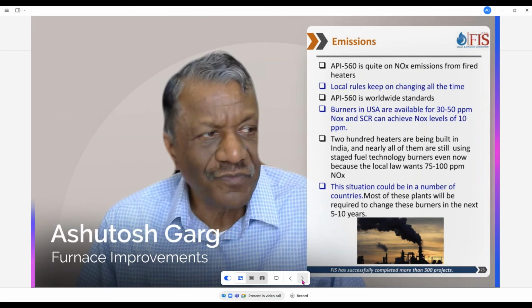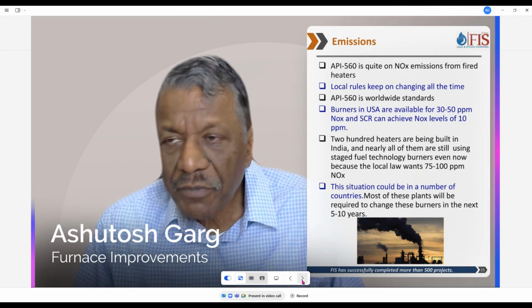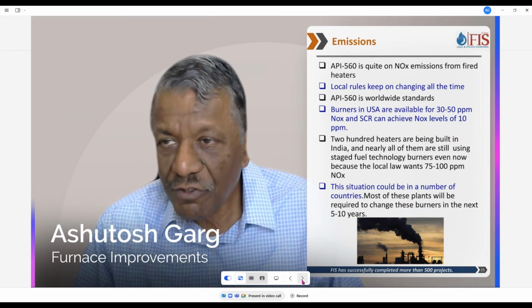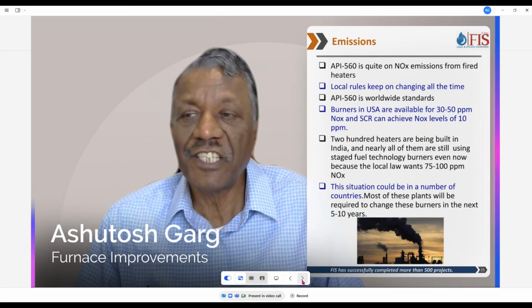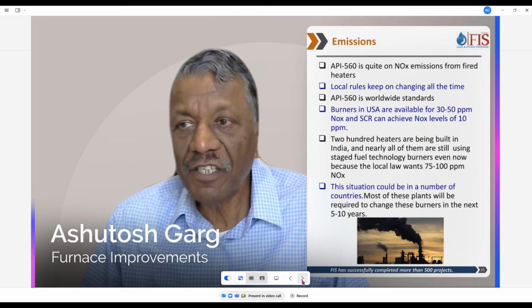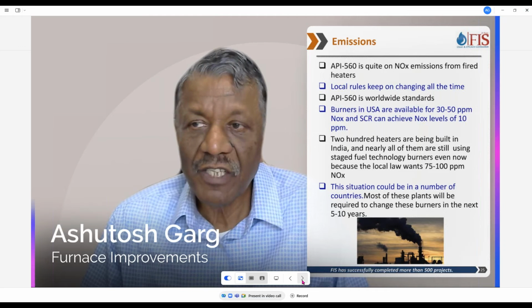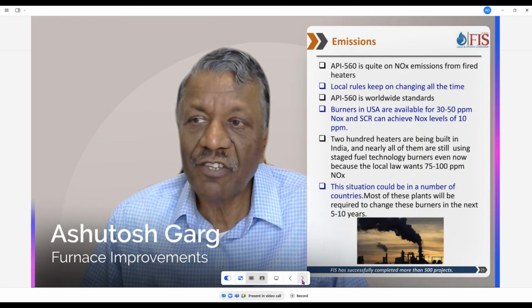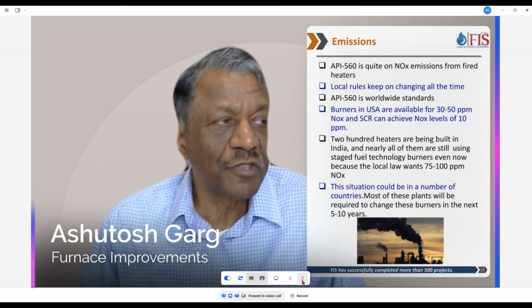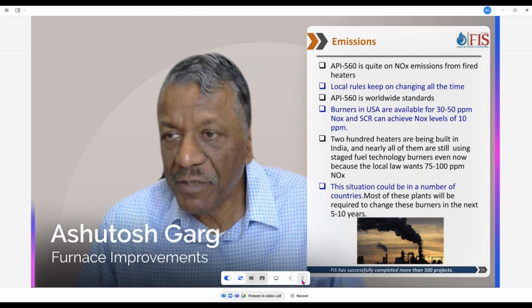Now, the cost of the burner is the same whether you go for ultra low NOx burners or you go for staged fuel burners. And I'm sure all these burners which are being put in today will need to be replaced in the next 10 or 15 years when they will be asked to go down to 30 ppm or 50 ppm.